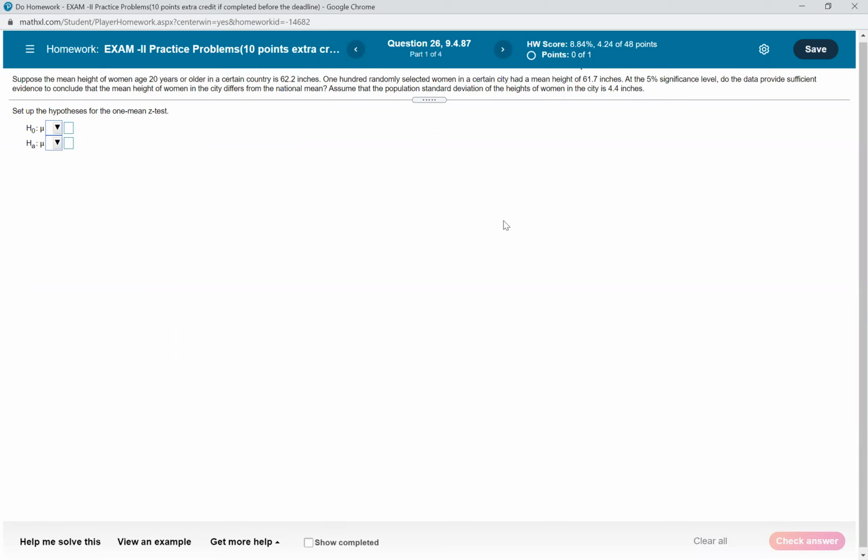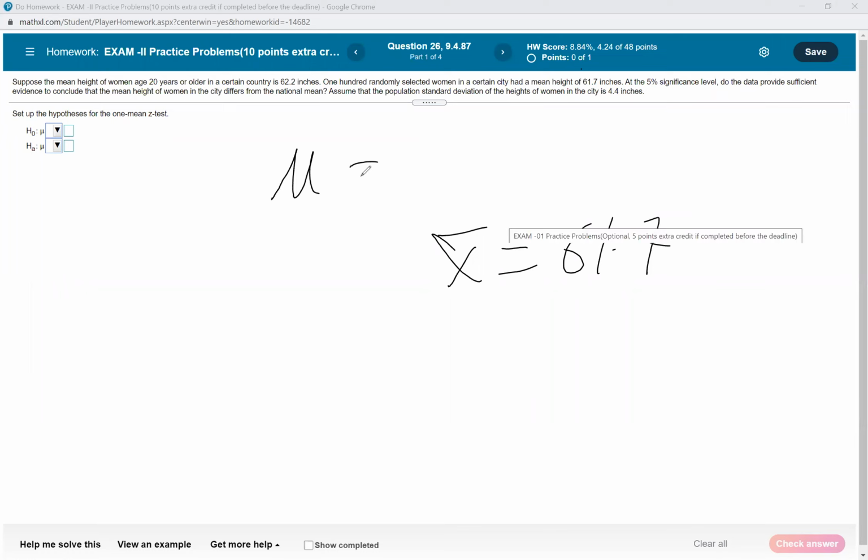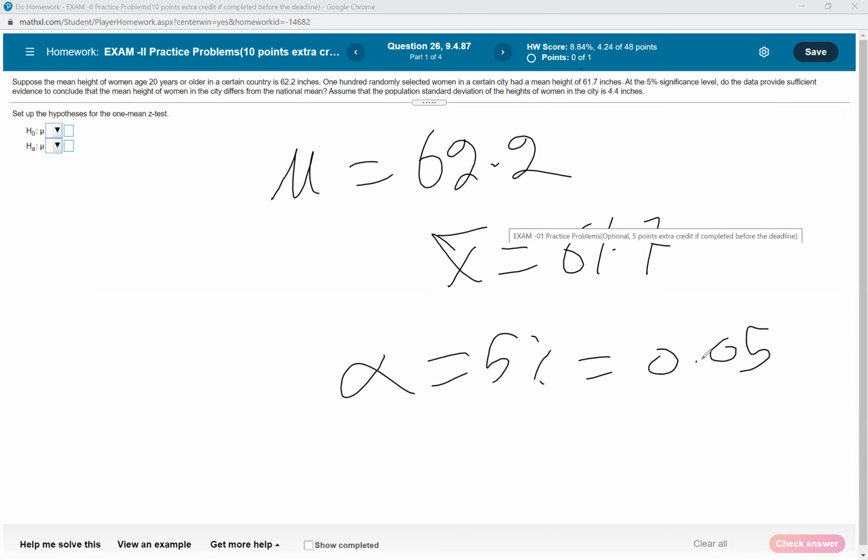So the sample mean for the city is 61.7, and the population mean for that country is 62.2. At 5%, alpha is 0.05.